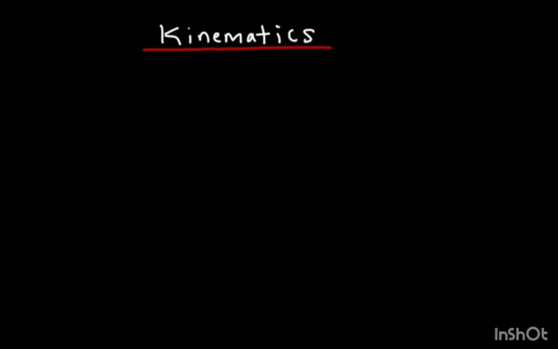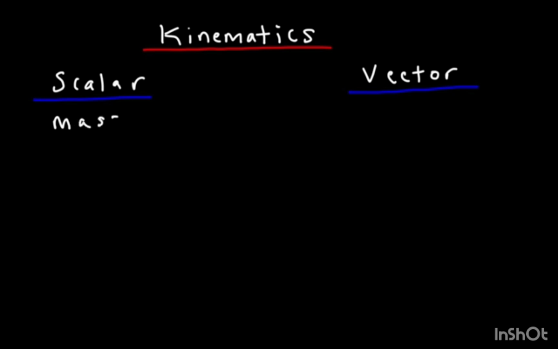Now the first thing we need to talk about is the difference between a scalar quantity and a vector quantity. A scalar quantity is something that has magnitude only, whereas a vector quantity has both magnitude and direction. So for instance, mass is a scalar quantity.